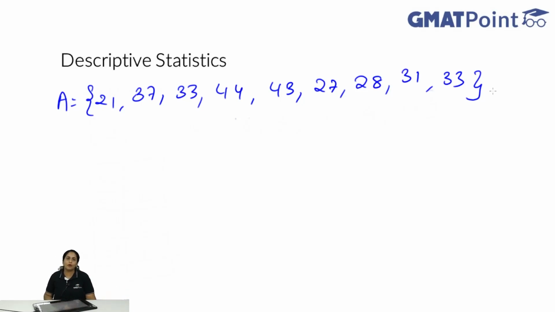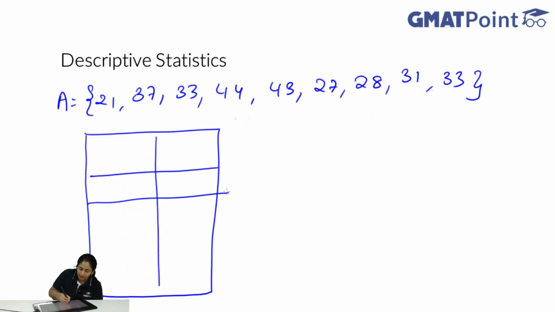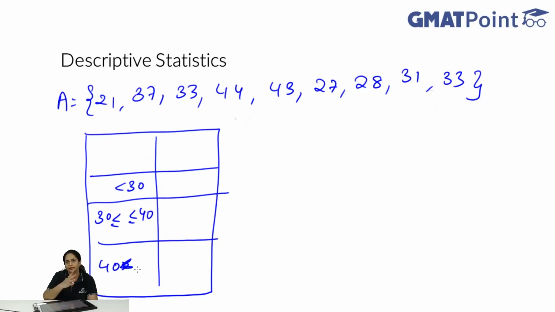This is the set of all ages of the people working in the company, so essentially this is just one variable of information. You can convert this set into a frequency table by considering how many people there are by age group: less than 30, between 30 and 40, and greater than 40. So consider these three different subsets of the same set.